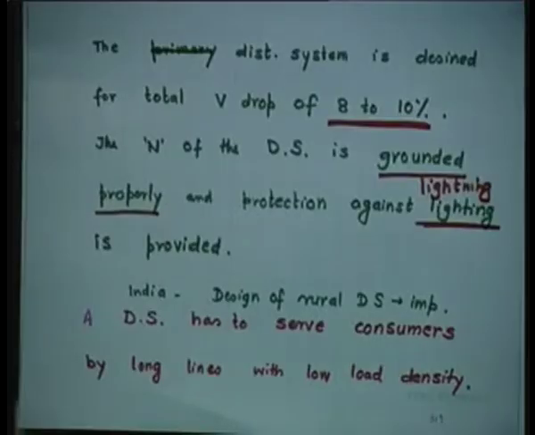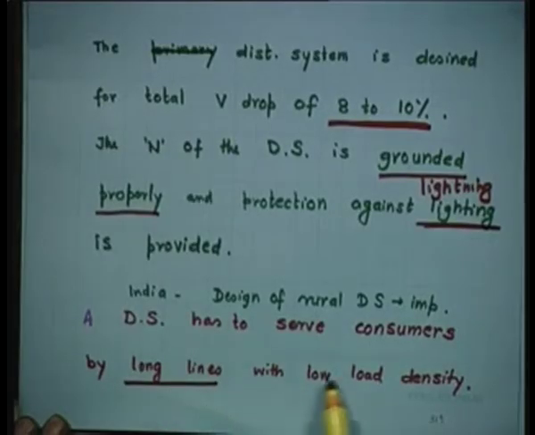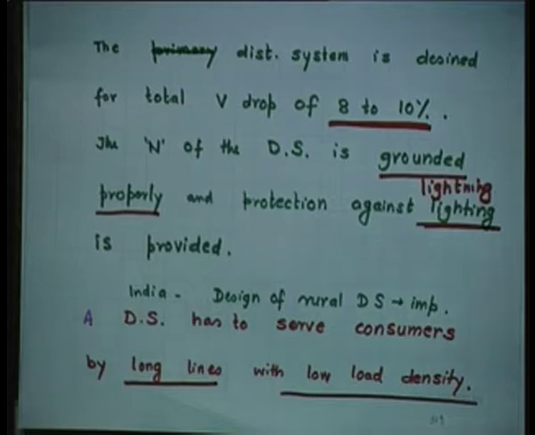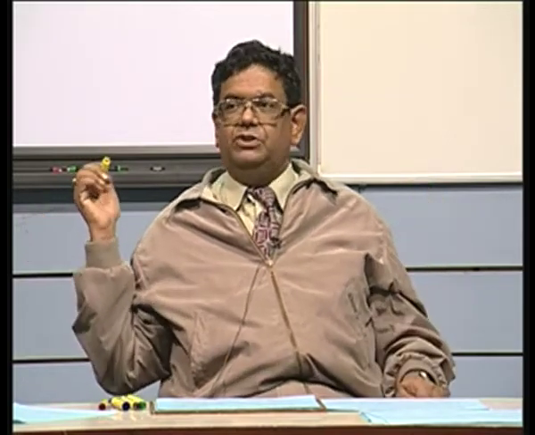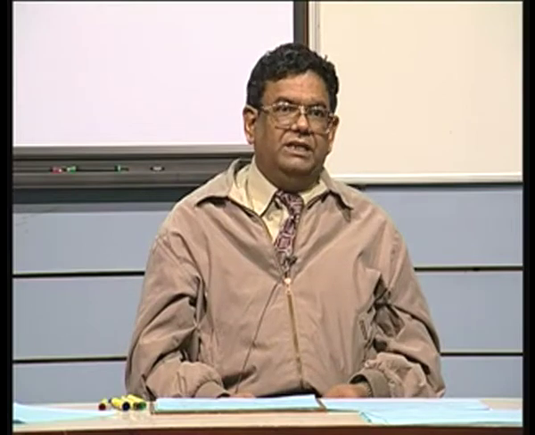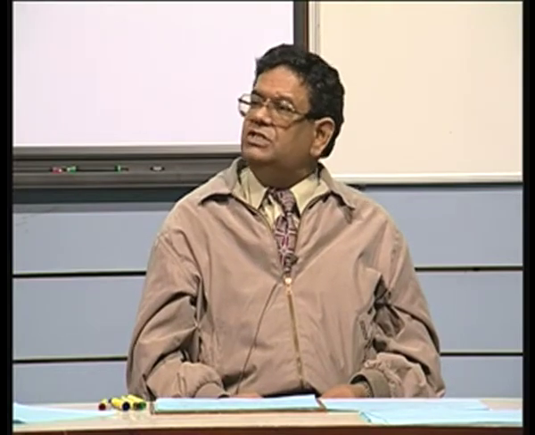A distribution system has to serve consumers by long lines with low load density. Why? The villages are scattered across India, and you have to carry those distribution lines sometimes deep into the villages, and the density is very low.